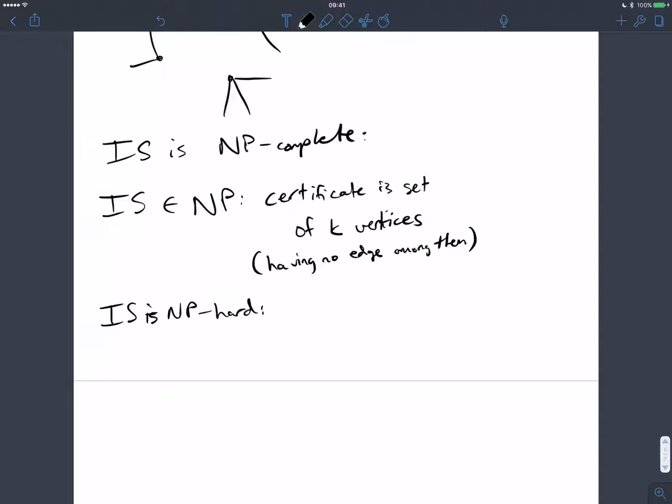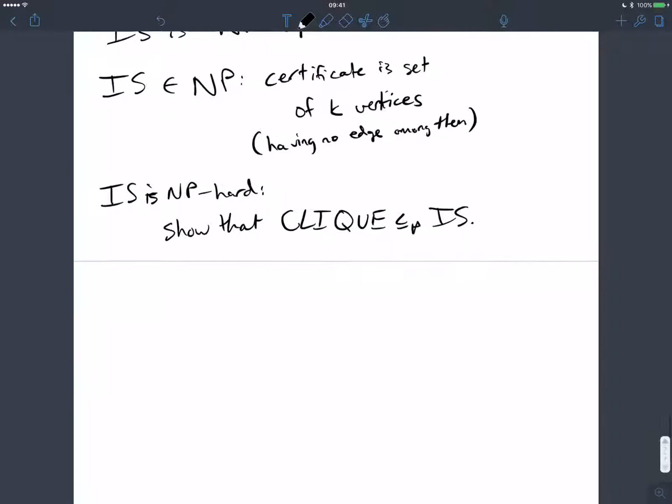Okay? So we'll show that clique reduces to IS. Given a graph G, what's the easiest way I can say this?